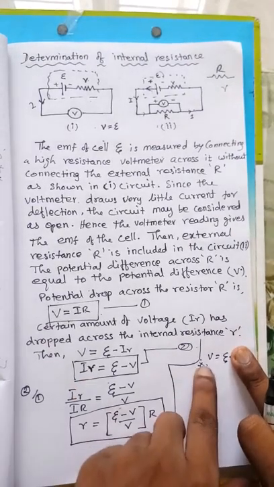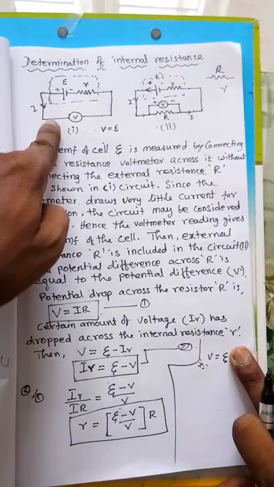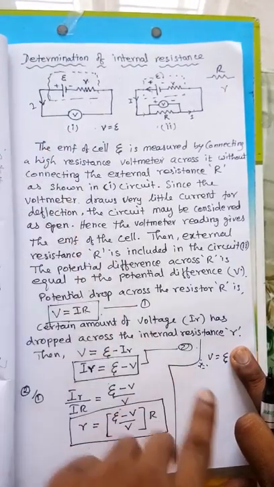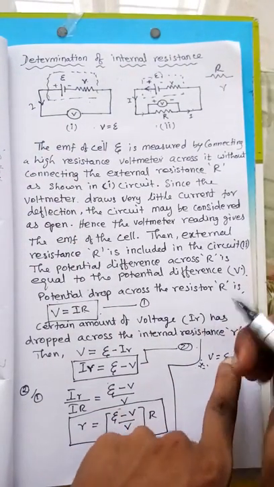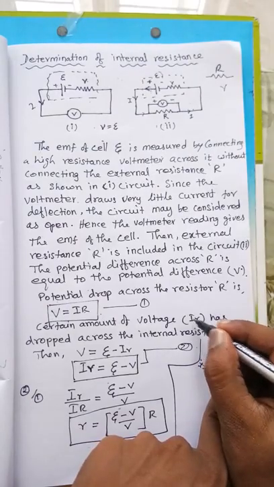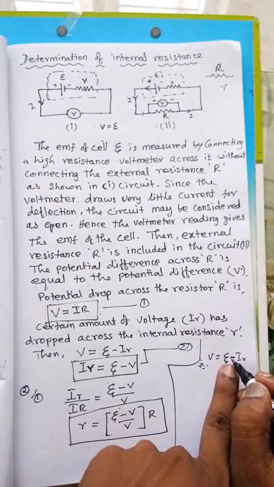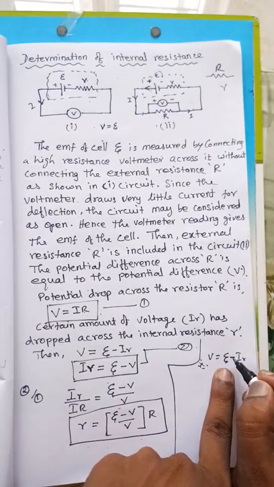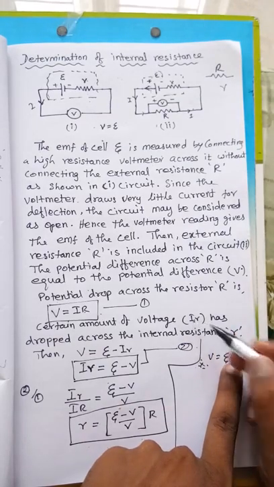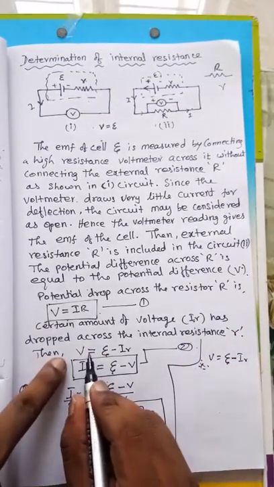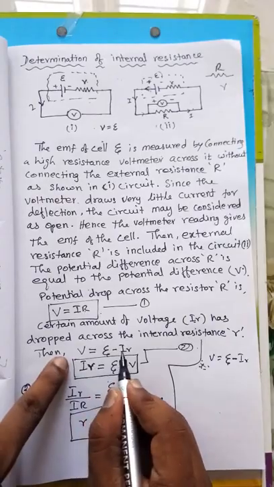Like this: V is equal to E is the first condition, with no external resistance. If you use an external resistance, some amount of current is produced, and that is the Ir drop. So V is equal to E minus Ir.